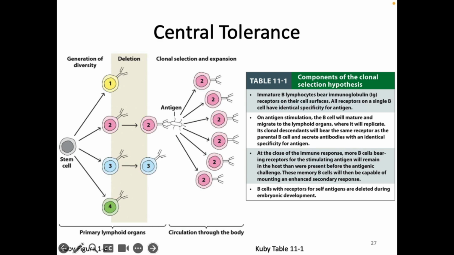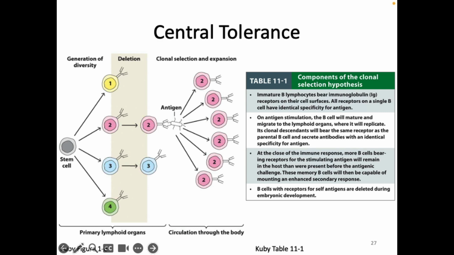Later on, we will also see a mechanism called peripheral tolerance. Peripheral tolerance is when you have a tolerance mechanism that happens after the primary lymphoid organ, after the cell develops. So peripheral tolerance is what happens later, in the real world, to the cell, while central tolerance is what happens earlier on.